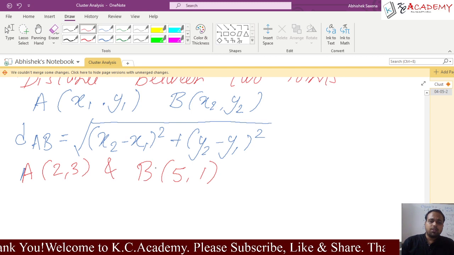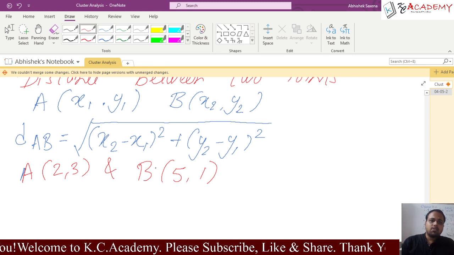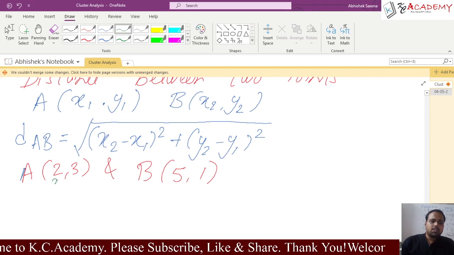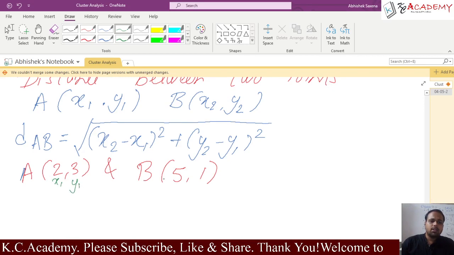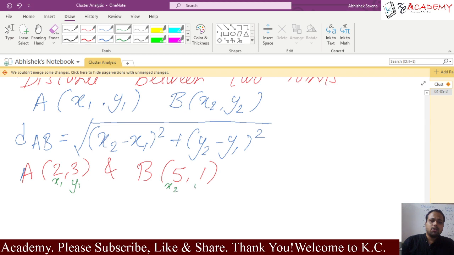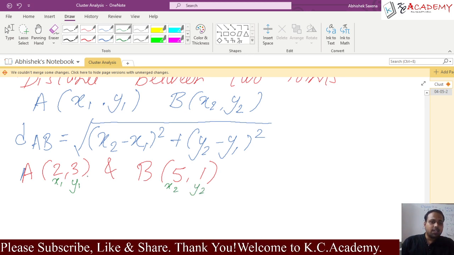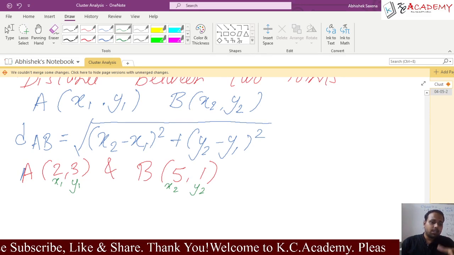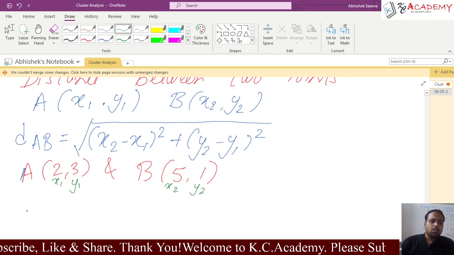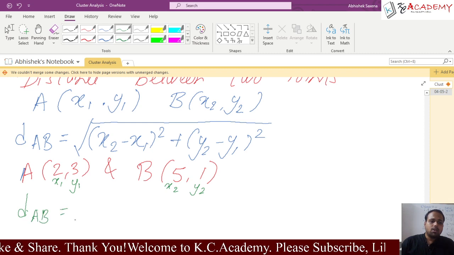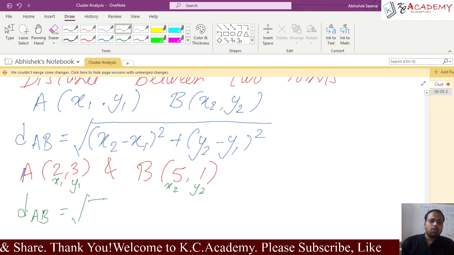First thing you have to understand is which is x1 y1 and which is x2 y2. Here the first point is x1 y1, very simple, and this is x2 y2. I am telling you this because we have to use it in different iterations, 5 iterations totally, and there you have to use it. So the distance between A and B equals under root of x2 minus x1.